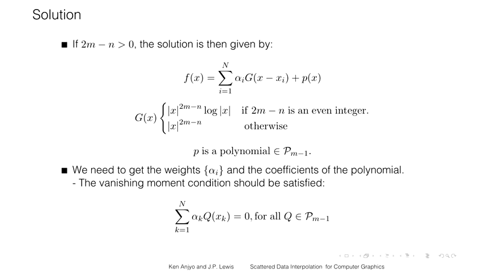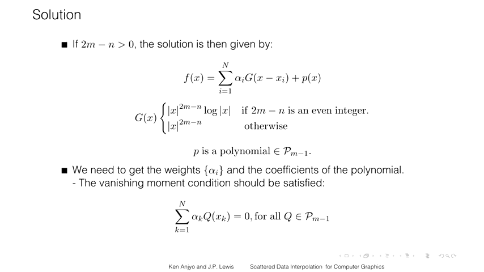So, of course, we just omit the rigorous proof of the theorem, but let me show the result first. If m and n satisfy that condition, then we have a good solution described in the first equation.